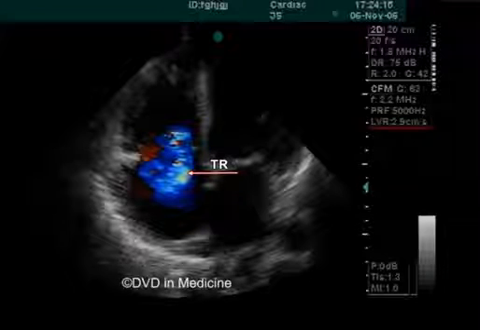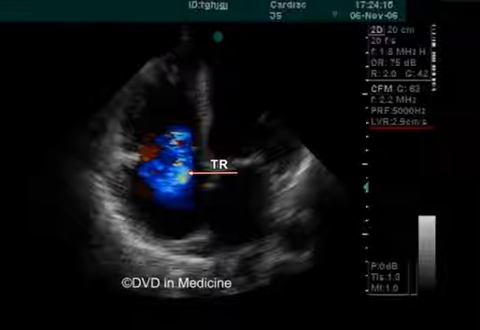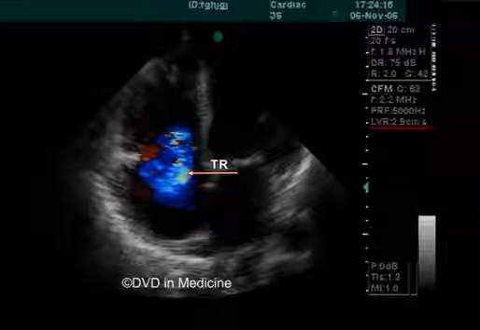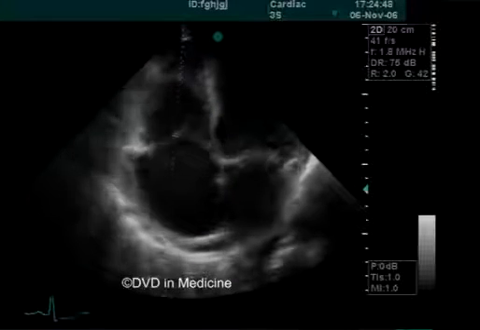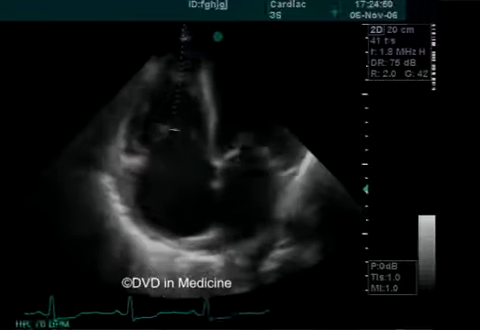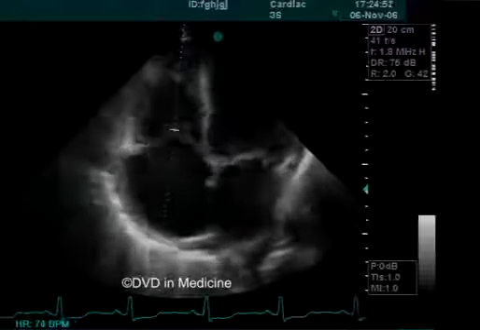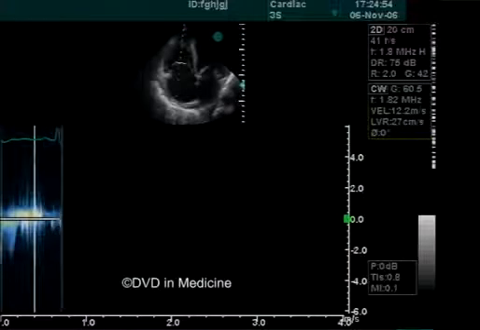This systolic pressure gradient exists between the right ventricle and the right atrium in the presence of tricuspid regurgitation. The pressure gradient can be determined by using the peak velocity of the tricuspid regurgitant jet flow.